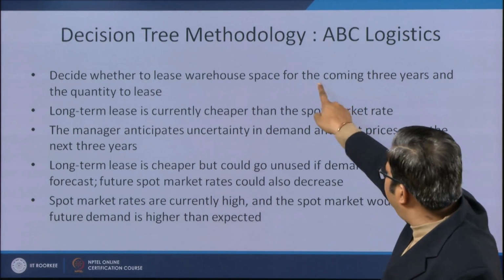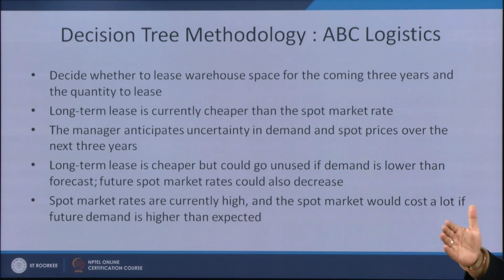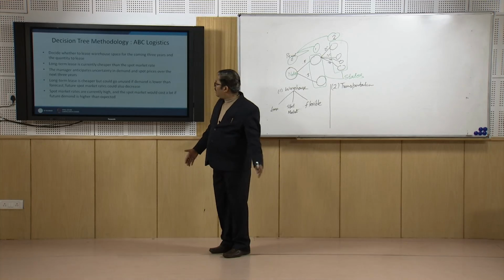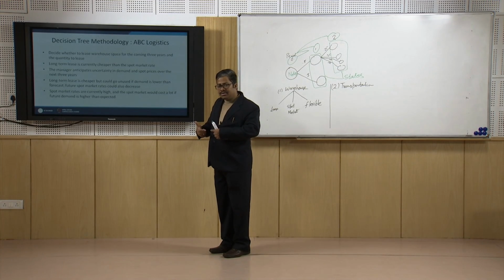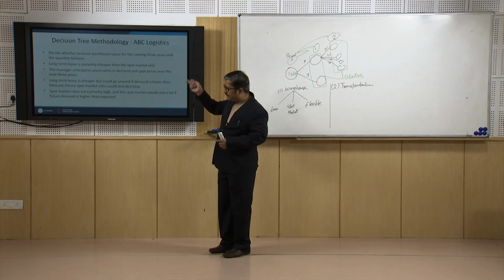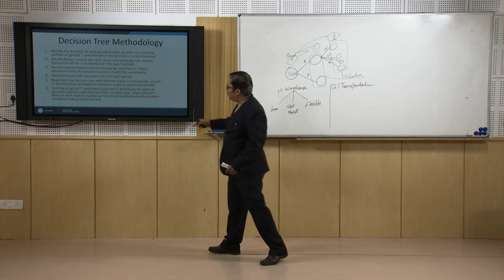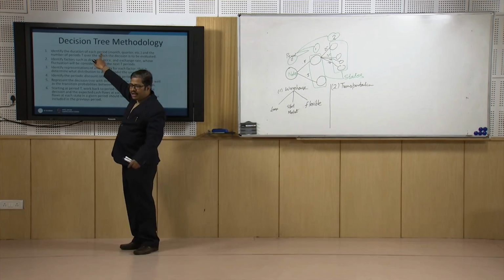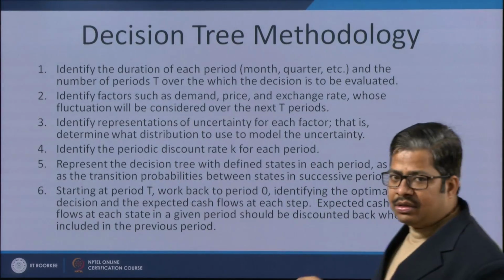This coming 3 years is the capital T, the period of my decision tree, and because I am talking on a yearly basis, each period is 1 year. So the duration of each period is 1 year, and the capital T is 3 years.